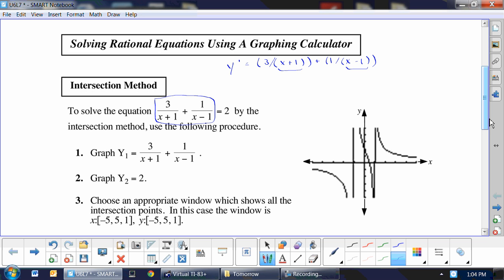So if we were to look at this equation here, 3 over x plus 1 plus 1 over x minus 1, what would our non-permissibles be? Exactly, right? And then if you look at your graph, you'll notice that these lines here are at +1 and -1.